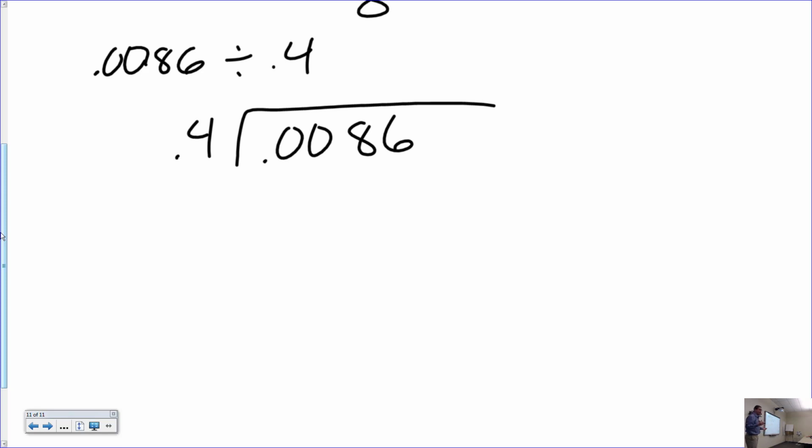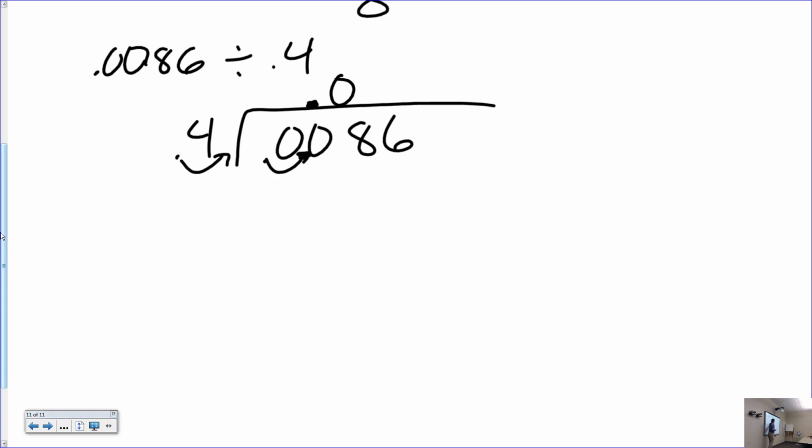So, how many times do I hop? Just once. So inside, I hop just once. Here's my decimal point, right? So how many times does 4 go into that leading 0? 0. Don't lose the leading 0, right?